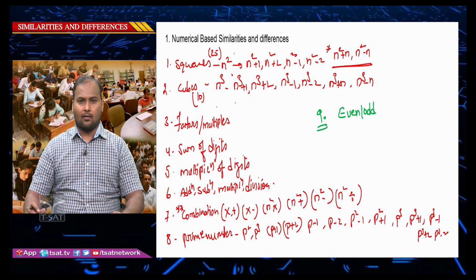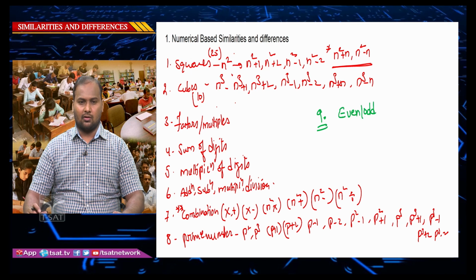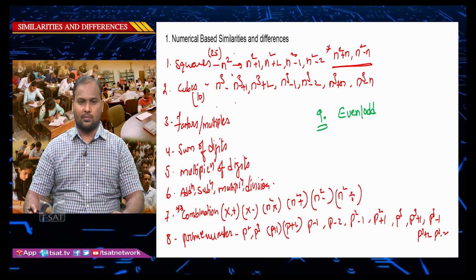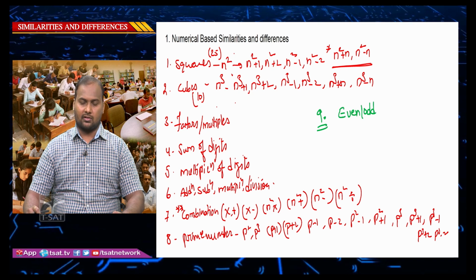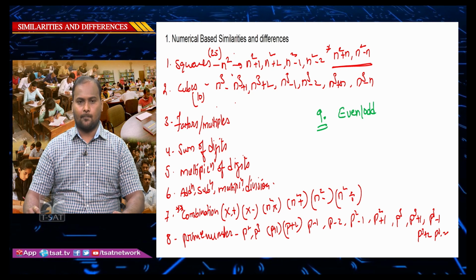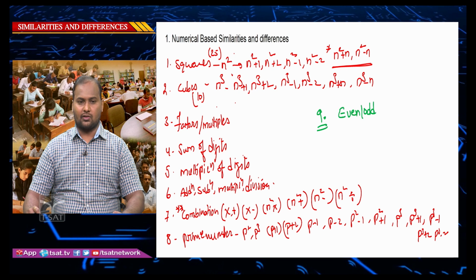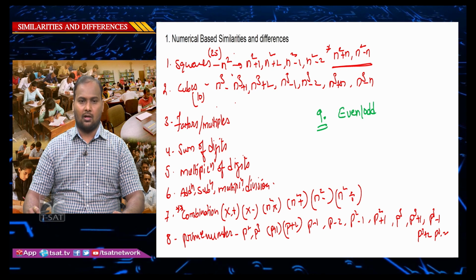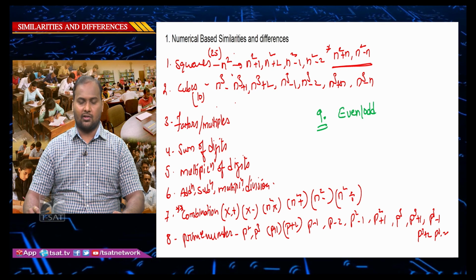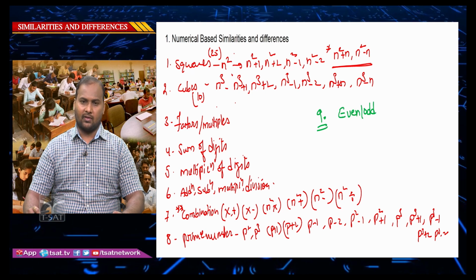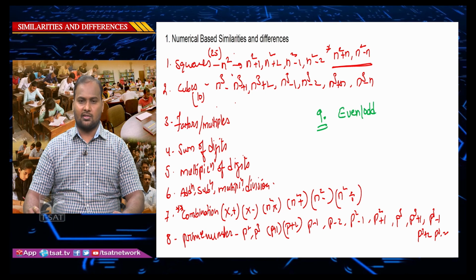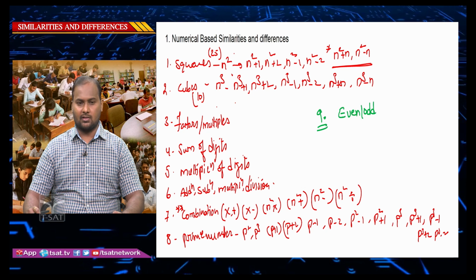Questions can also be framed based on cubes and multiplications, cubes and additions, cubes and subtractions, and cubes and divisions. Or we can see combination types based upon addition and subtraction, addition and multiplication, additions and divisions, subtractions and divisions, multiplications and divisions. So these are the various types of combination questions that can be seen.